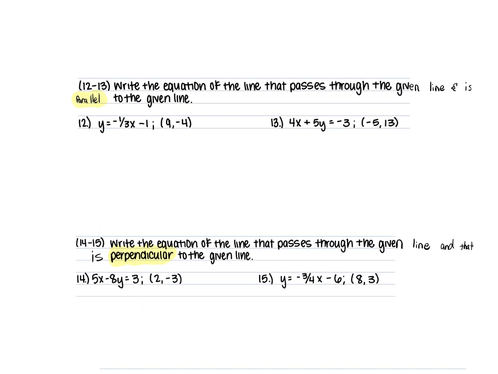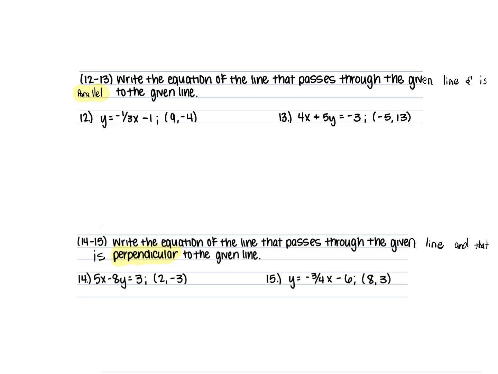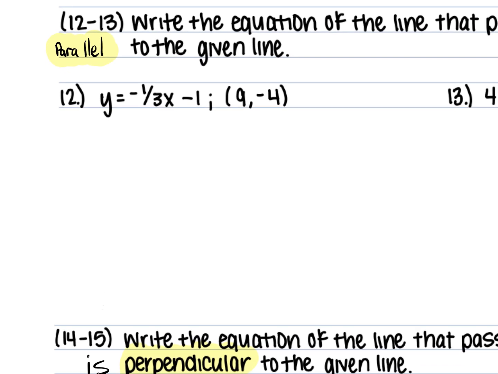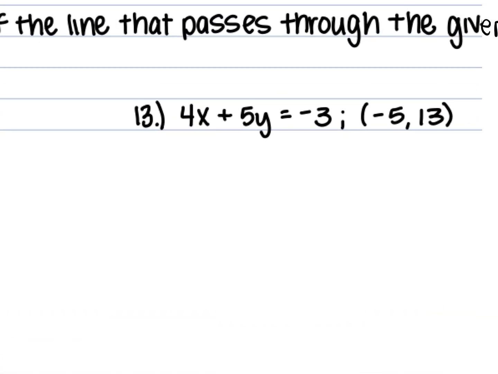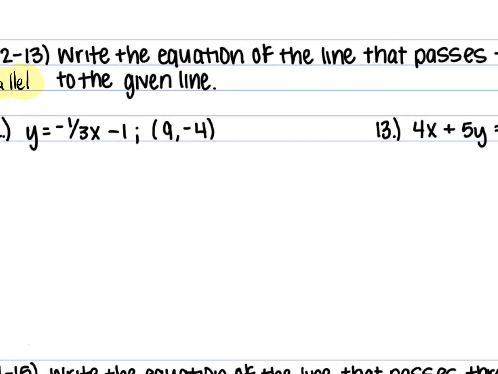We want to write the equation of a line that passes through the given point and is parallel to our given line. Passes through the given point, this should say. So starting with, well, I'll do 13. Starting with our equation, first thing we want to do is find the slope. Because if it's parallel, what do we know that the slope's going to be? The same slope.